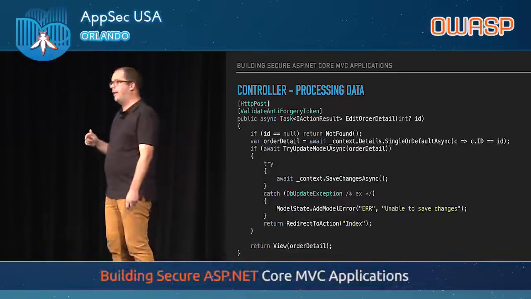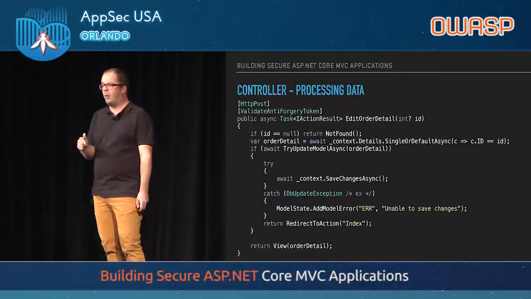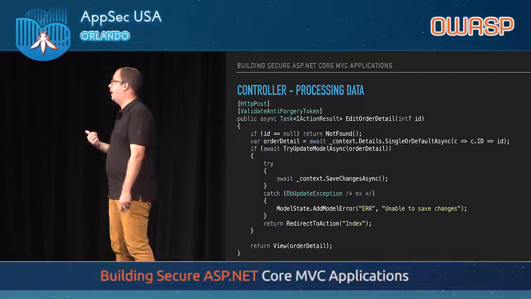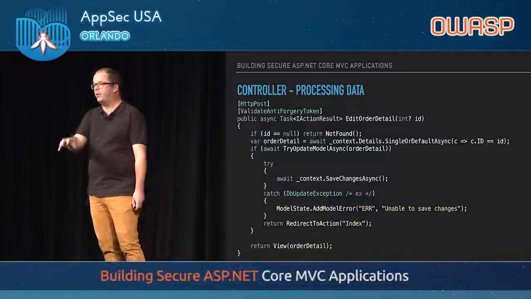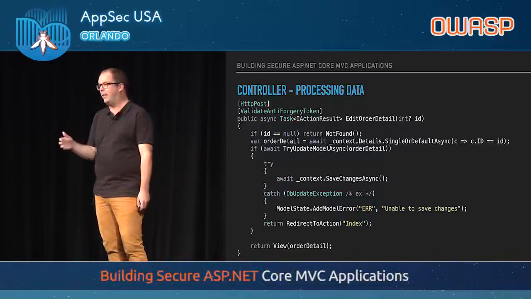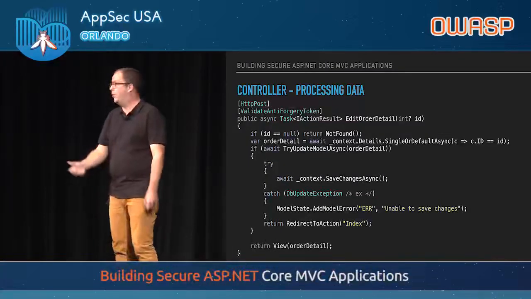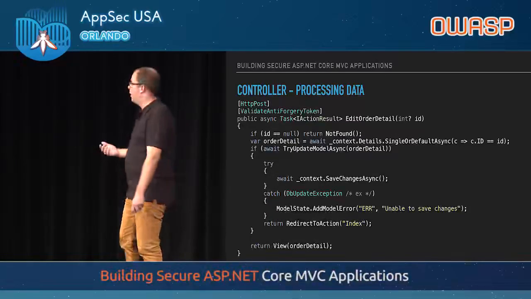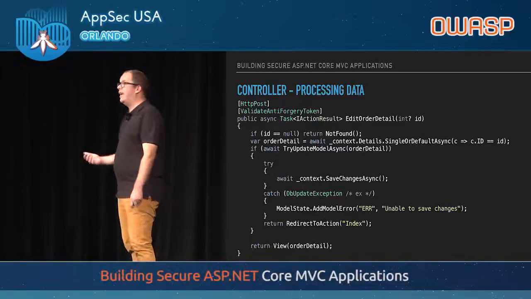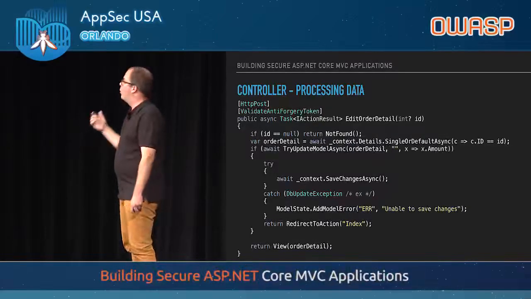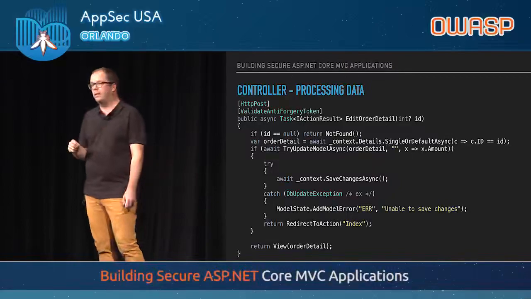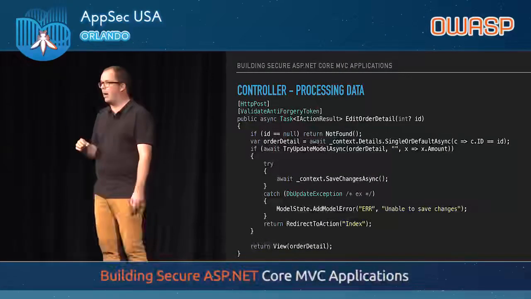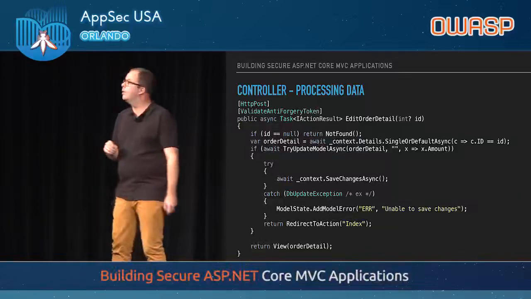And the TryUpdateModel will map the data coming from the request directly to the data object, right? So in this case, you're doing exactly the same with accepting an external entity without limiting the data that they are allowed to hand over to you at that point. So this is also an overpost mass assignment in the same way, and this method luckily has got an overload, which allows you to define a predicate and saying, okay, in this case, I'm only allowing the amount value to be set throughout this method, right?